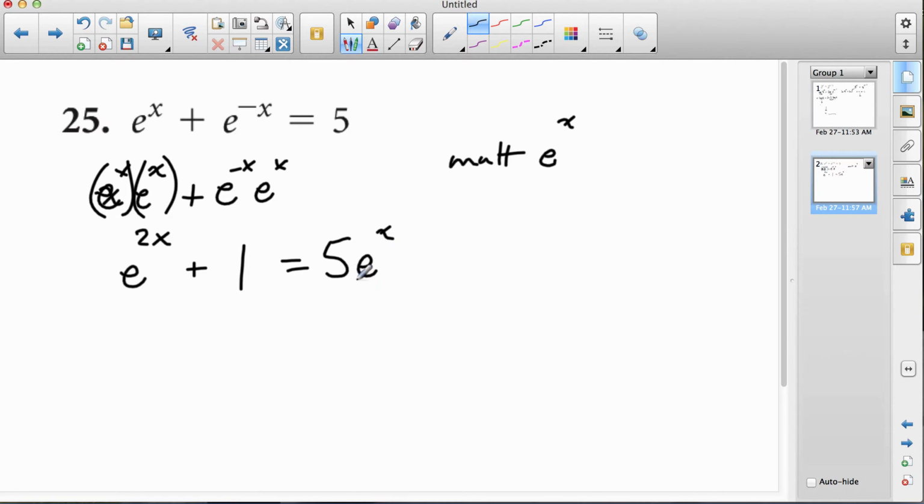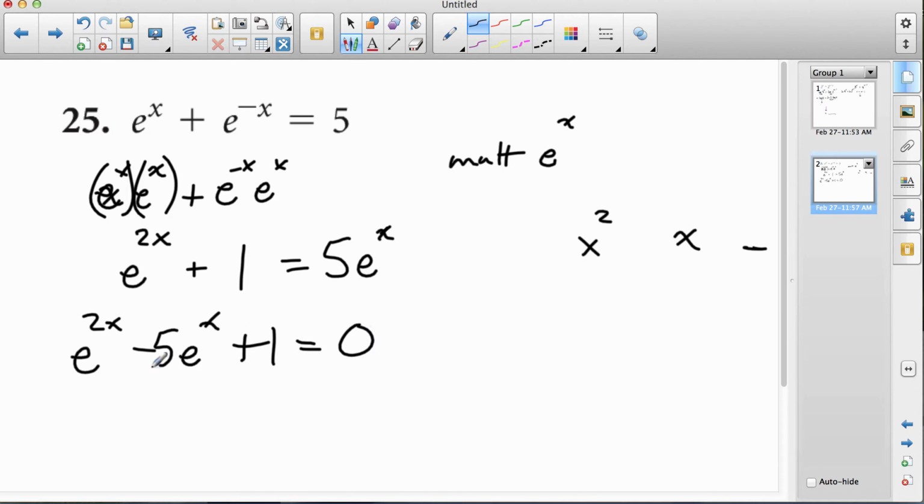Then you reorder these, and what they're looking for in the question is to get this in a quadratic form. So this is almost like x squared, and this term would be the x term, and this would be the constant term. So bring this one to this side and make it negative. So it would be e to the 2x minus 5e to the x plus 1 is equal to 0.